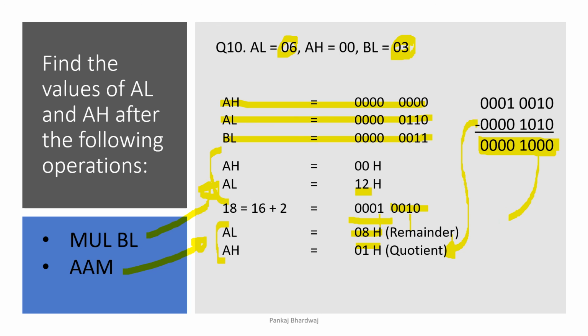So this will be the remainder, stored here, and this one-time subtraction will change the AH content. So the answer will be AL, that is 08, the remainder, and AH, that is 01, the quotient. Clear? Thank you.